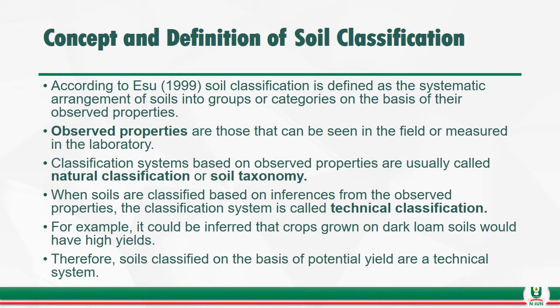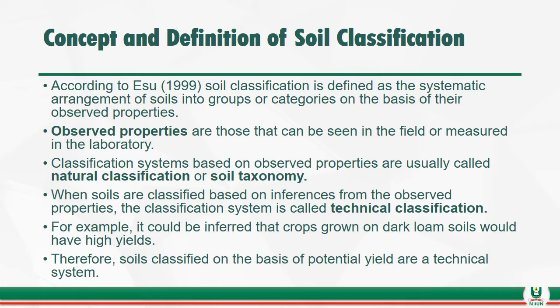Now, concept and definition of soil classification. ESU 1999 defines soil classification as the systematic arrangement of soil into groups or categories on the basis of the observed properties. Observed properties are those that can be seen in the field or measured in the laboratories. Classification systems based on observed properties are usually called natural system or soil taxonomy.